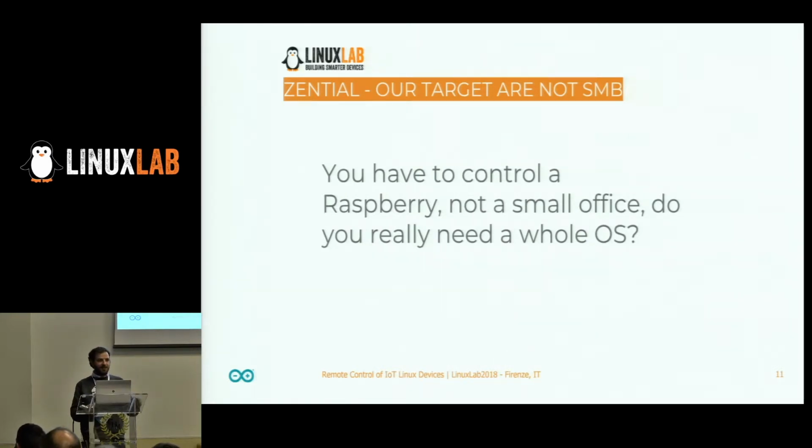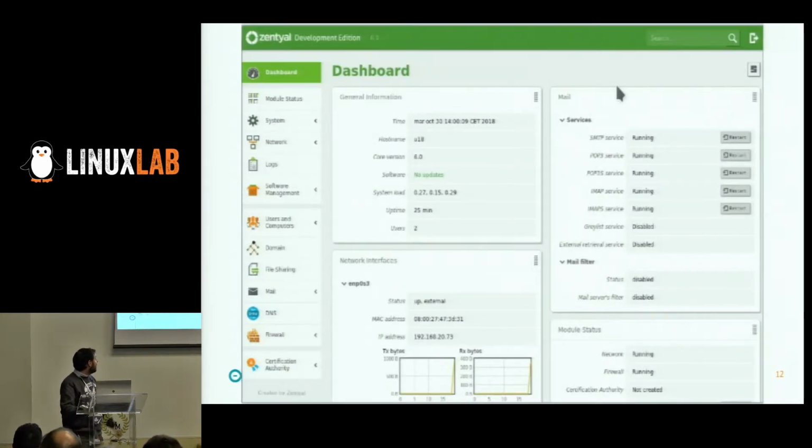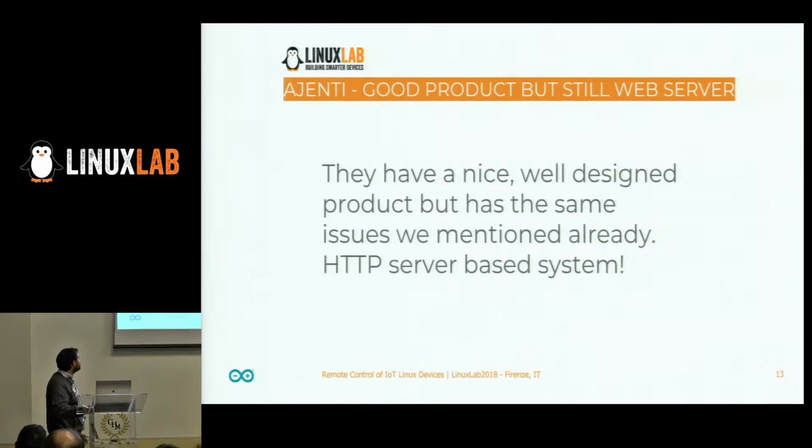Do you really need a Samba server pre-installed? Maybe not. So why can't you use your own custom OS? And again, a similar interface. You can see what is running, the services that are running. You have some monitoring system. So we are really in the same direction, but some pieces are still missing.